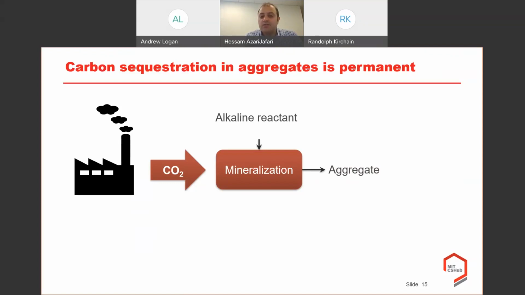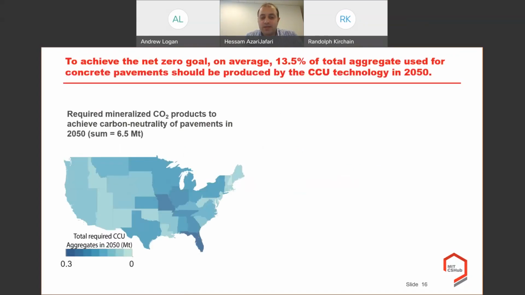We did this analysis to understand if we have enough aggregates provided in different locations of the US for the purpose of this carbon neutrality scenario. And we see that in different locations, we need different amounts of aggregate, but when we sum up the total amount of mineralized CO2 product, it's going to be around 6.5 million tons of aggregate.